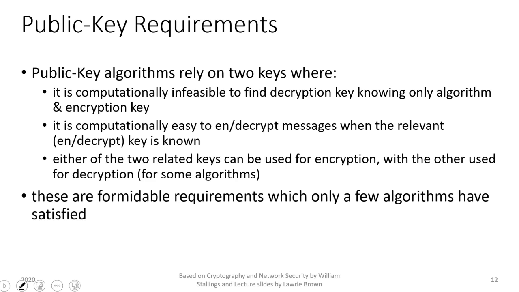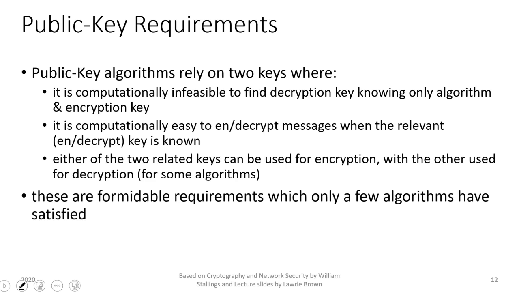So now let's look at some of the main requirements that we will have for generating these two keys in a public key algorithm. In a public key algorithm, we need a public key and we need a private key.